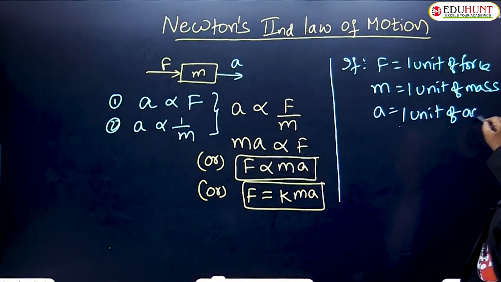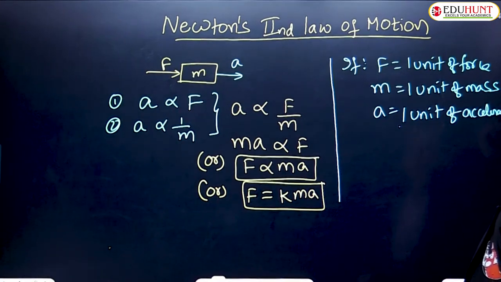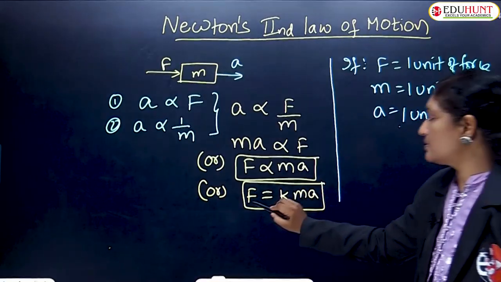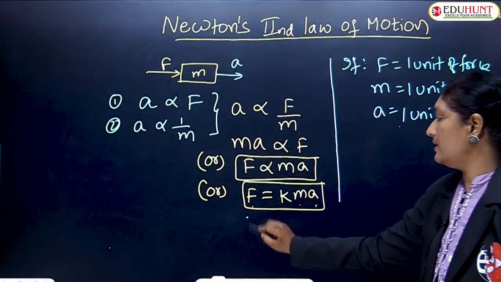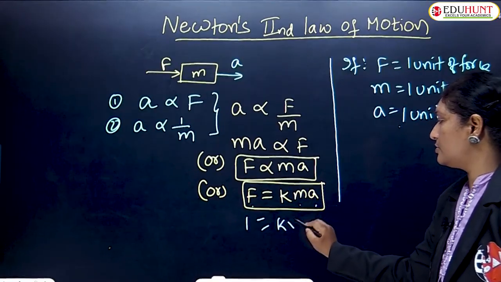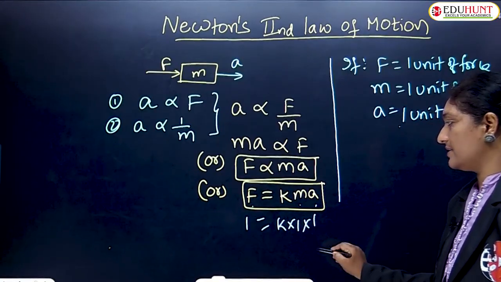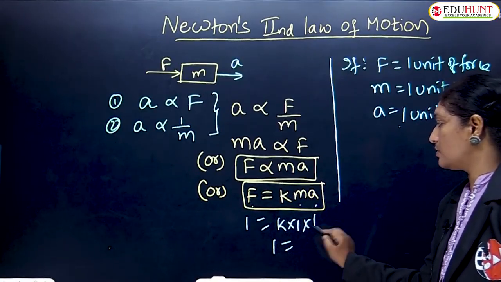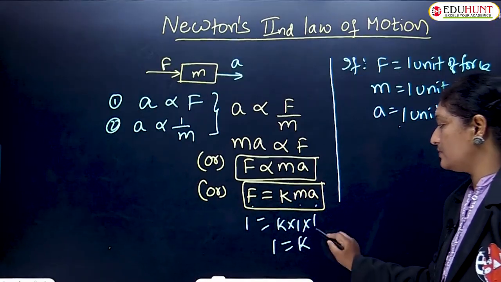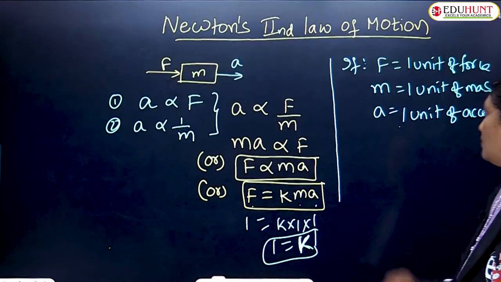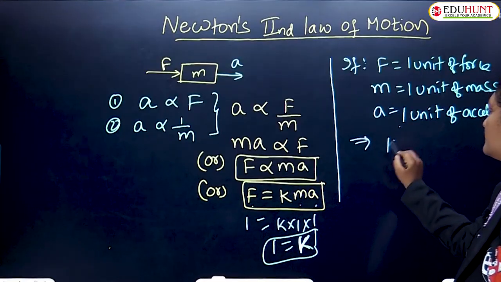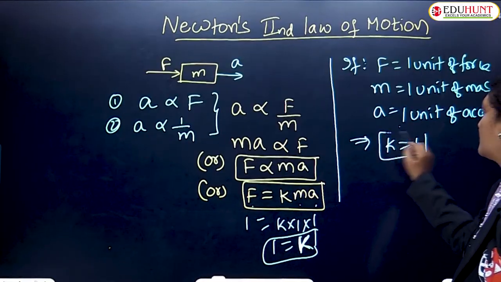Then this is 1, this is 1, this is also 1. Then 1 equals k into mass, which is 1, and acceleration, which is 1. 1 equals k into 1, which is k. Hence we can conclude that the value of k is equal to 1.